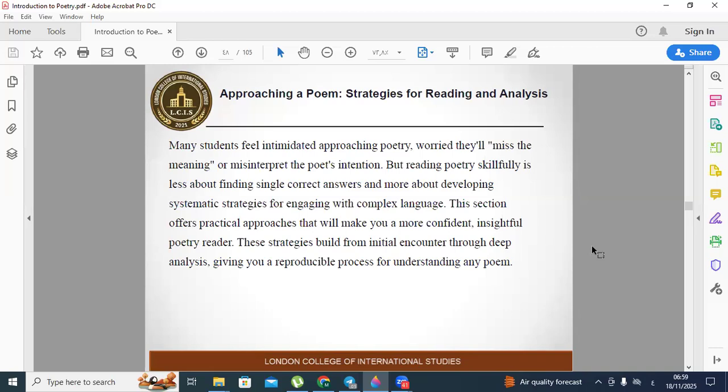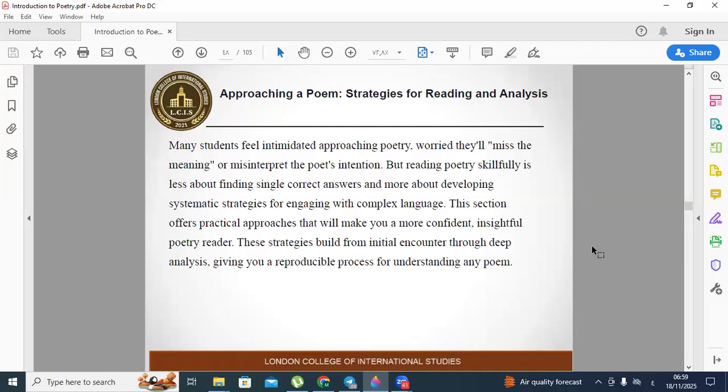Reading poetry skillfully is less about finding single correct answers, as if poems were puzzles with one solution, and more about developing systematic strategies for engaging with complex language. This section offers practical approaches that will make you a more confident, insightful poetry reader.